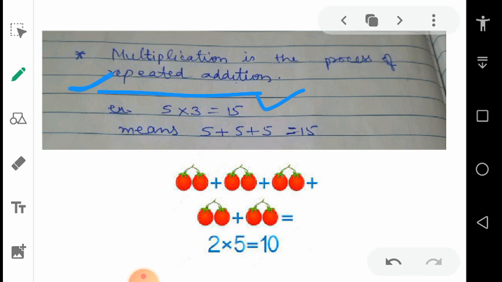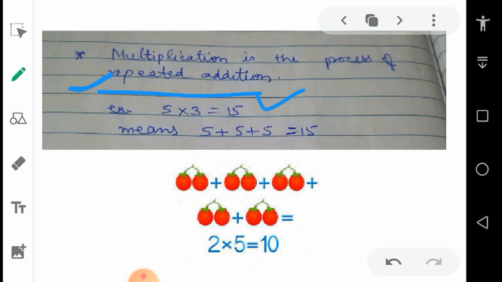But if we want to write this multiplication in the form of addition, how can we write it? Is it possible? Yes students, we can write a multiplication of two numbers in the form of repeated addition. Repeated means something which occurs many times.